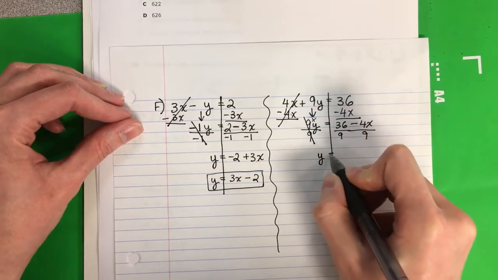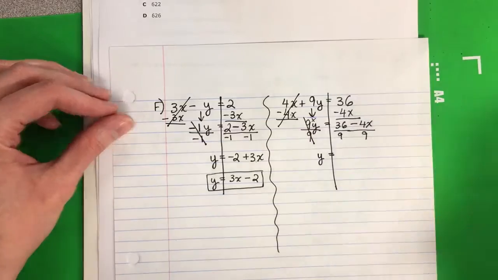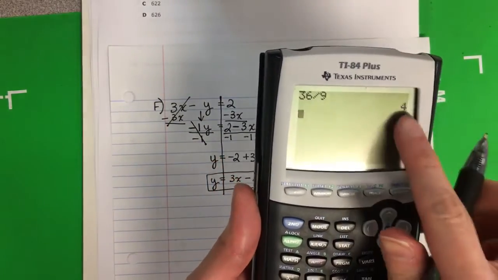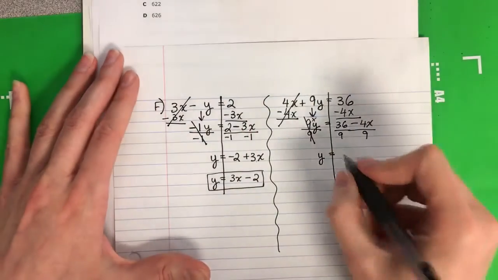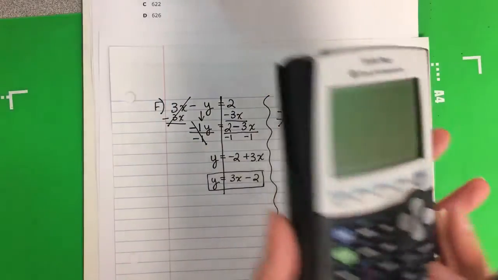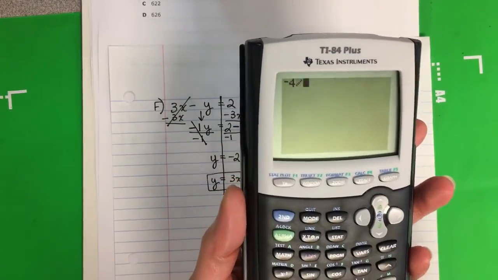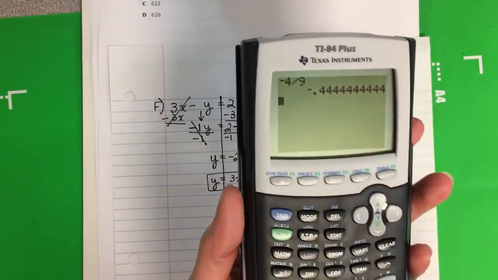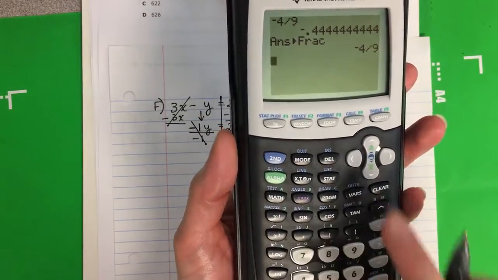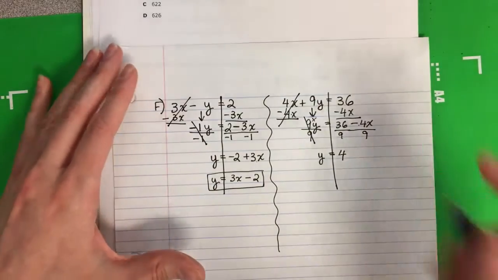So you're going to write y equals 36 divided by 9. Let's try 36 divided by 9. That's 4. And now negative 4 divided by 9. Change to a fraction, so math 1, enter. You get negative 4 divided by 9.